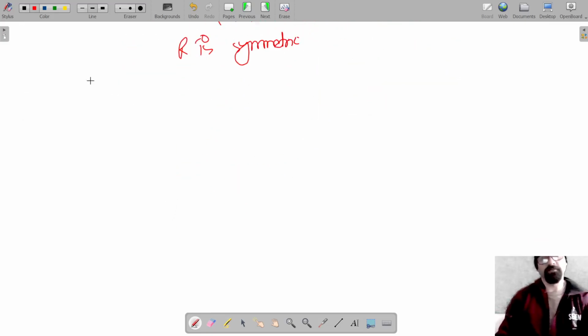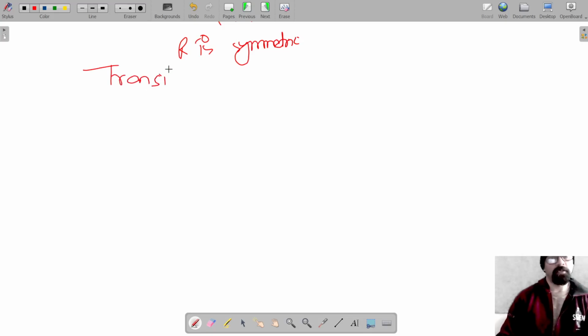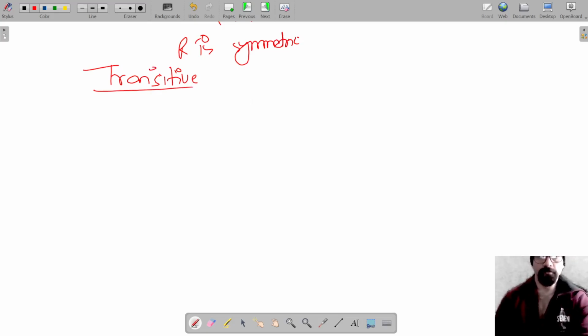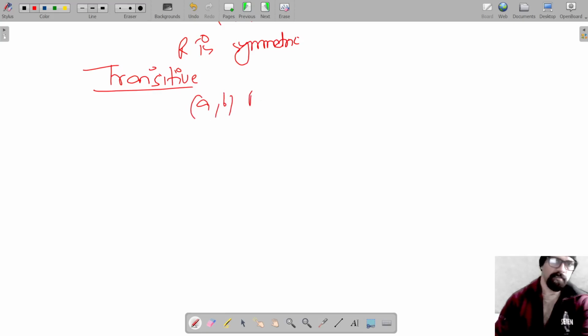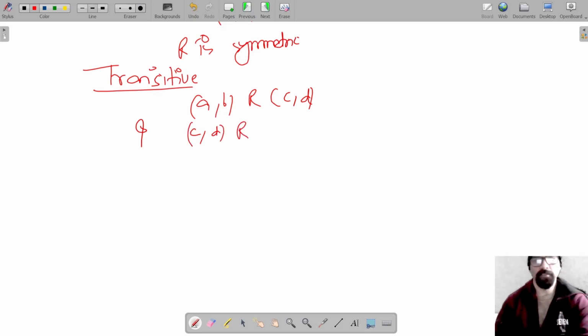Okay, now let's check it for transitive. To check it for transitive, let's consider a set of two ordered pairs to be in the relation. Let's say (A, B) is in relation with (C, D), and (C, D) is further in relation with, let's say, (E, F).